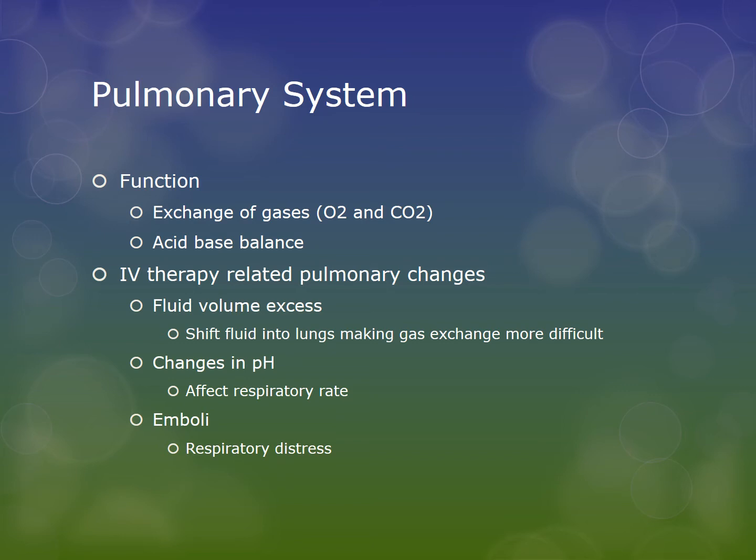And while emboli tend to form in the vascular system, and we usually think of it as a vascular problem, and it is, a lot of times emboli end up in the lungs. So what starts off as a circulatory issue very quickly turns into a respiratory issue that causes very sudden onset respiratory distress.